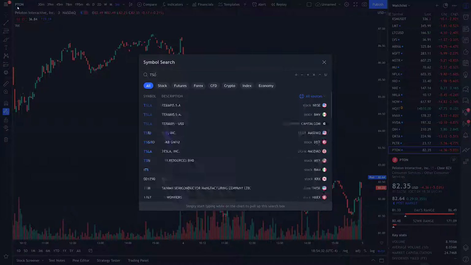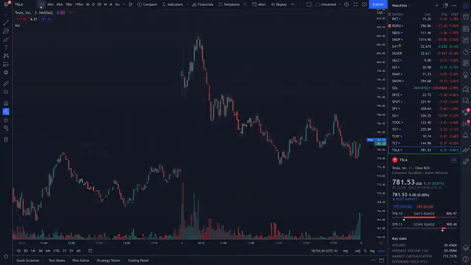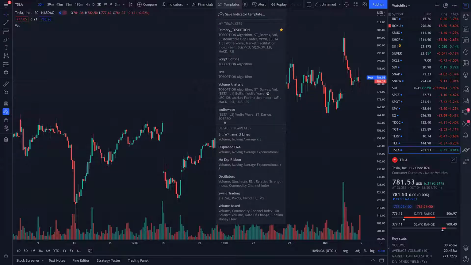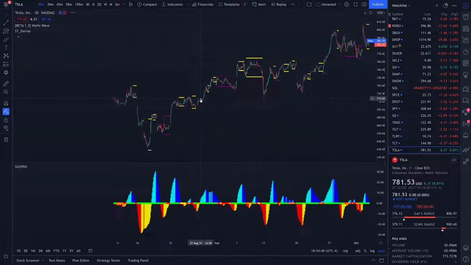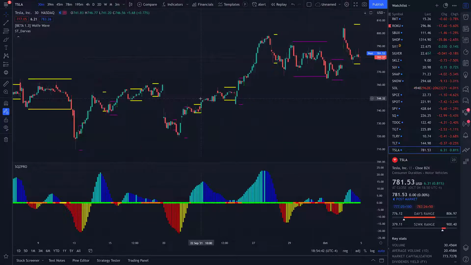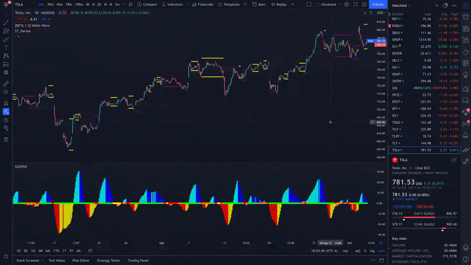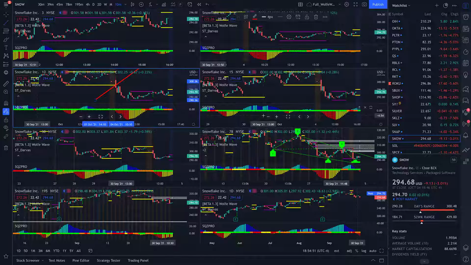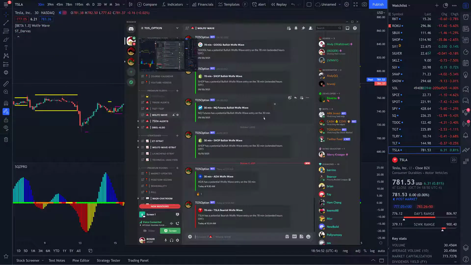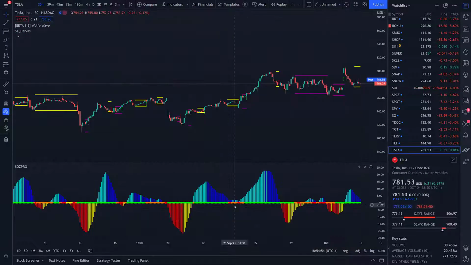I go to Tesla, go to 30-minute, open up the template, and then see if there's a Wolfe wave forming, which looks like it probably already formed. What time was that alert? That was 10:24 a.m. So it was probably alerted right around here, and it's disappeared.